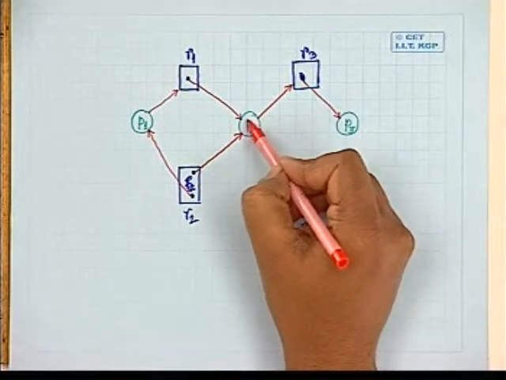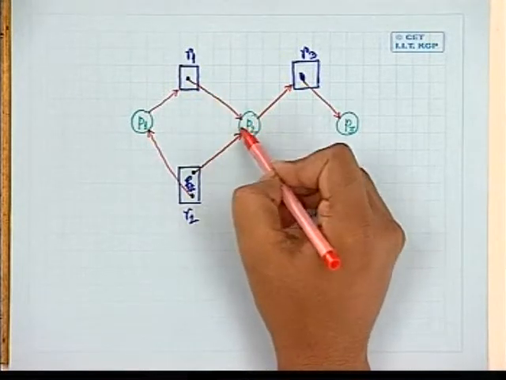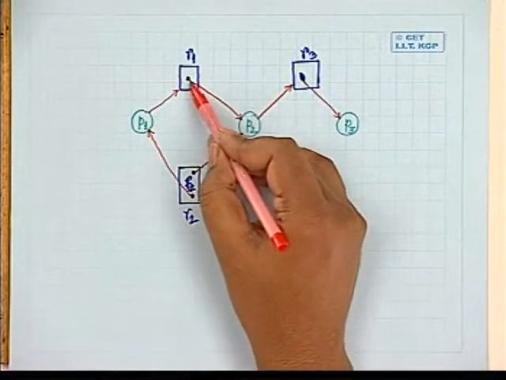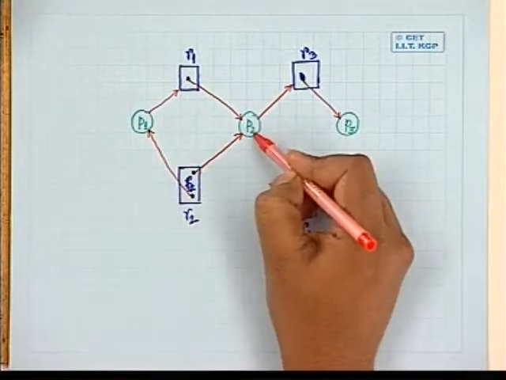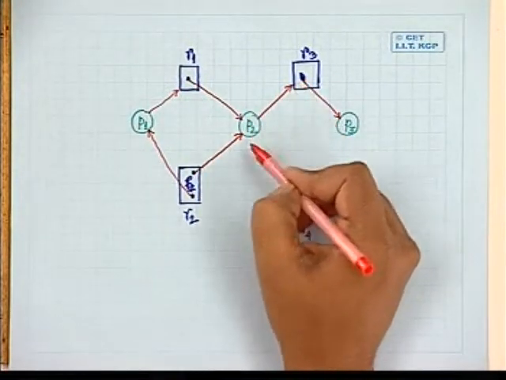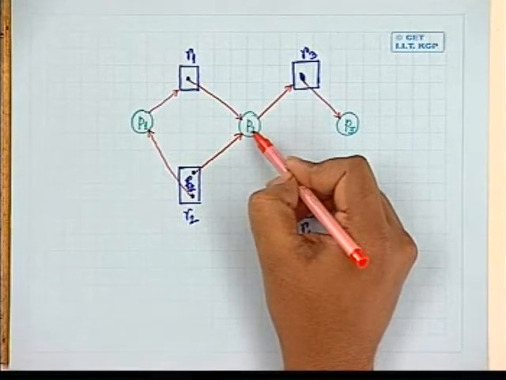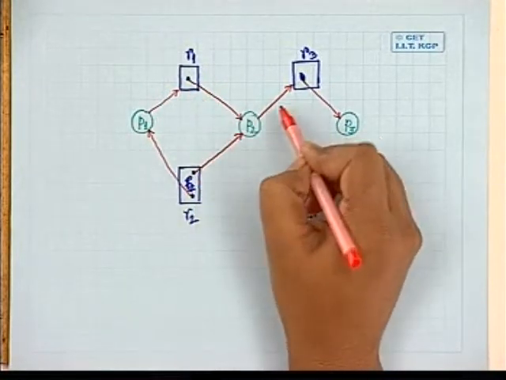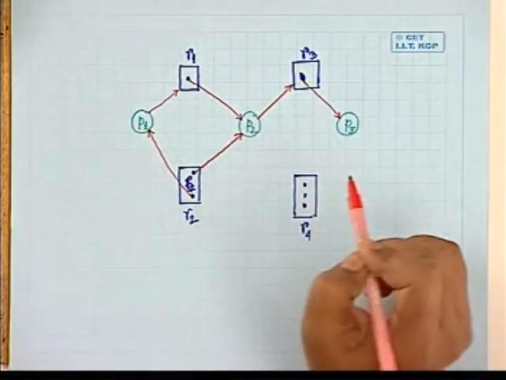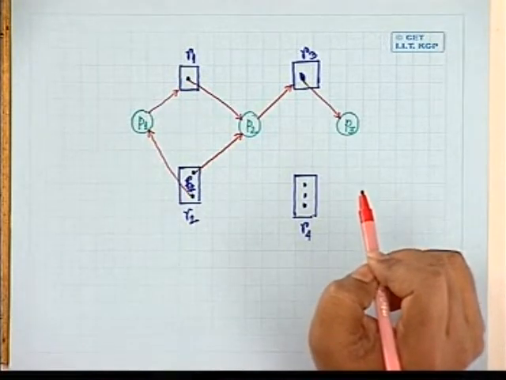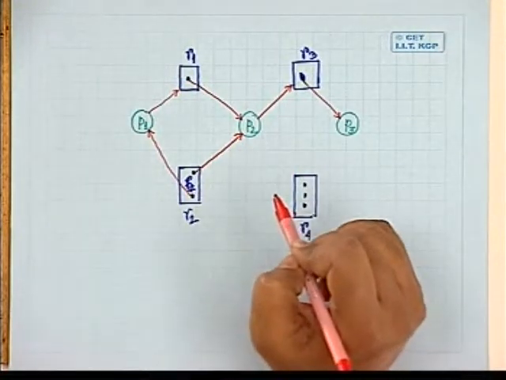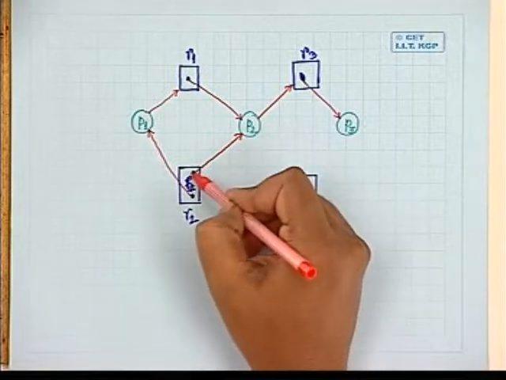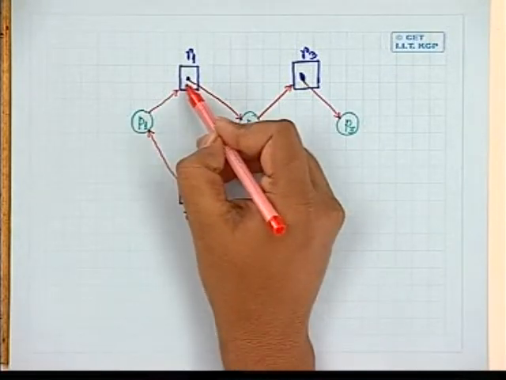Okay. Now coming to P2, you find that P2 requires three resources: one instance of R1, another instance of R2, and an instance of R3, which is also now available. So with the availability of all these three resources, P2 will also complete operation. On completion, P2 will release this instance of R2, and also this instance of R1.